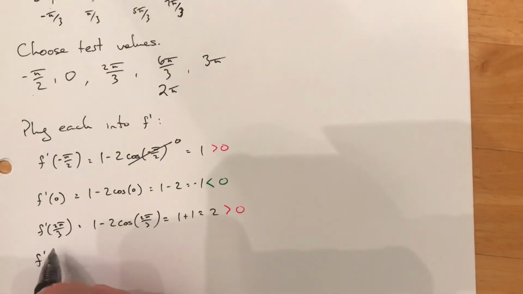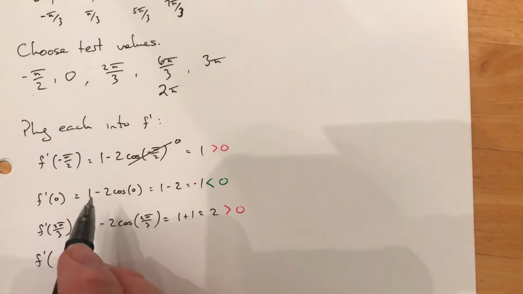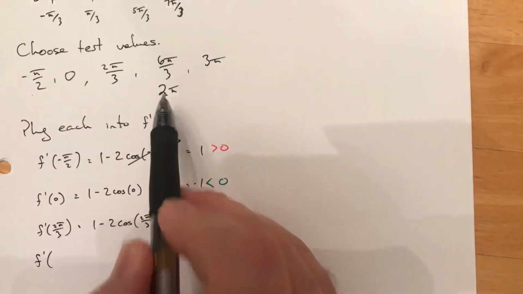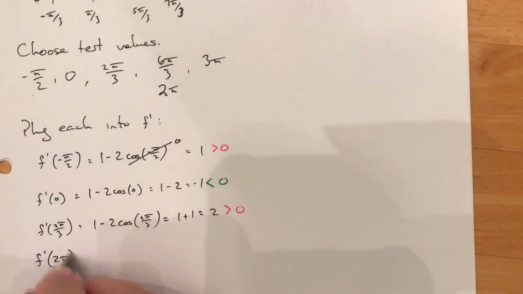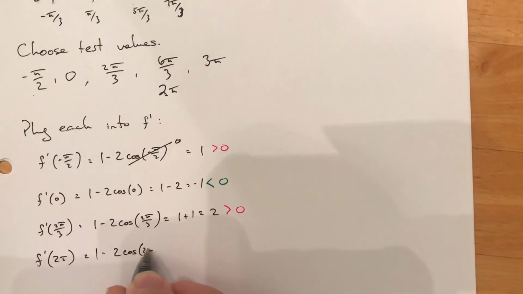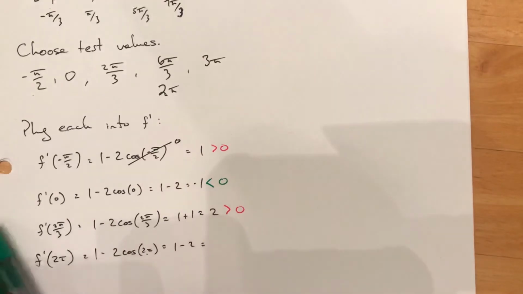F prime of 6 pi over 3 was our next critical value. F prime of 2 pi is 1 minus 2 cosine of 2 pi. Cosine of 2 pi is 1. Multiply that by 2. We get 1 minus 2 is negative 1, which is still less than 0.